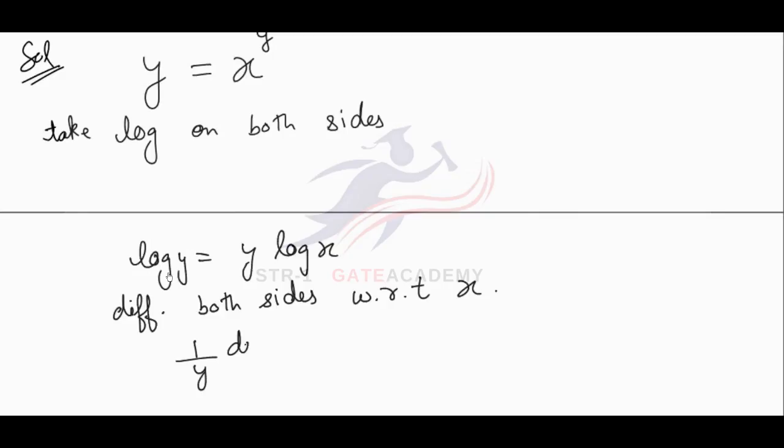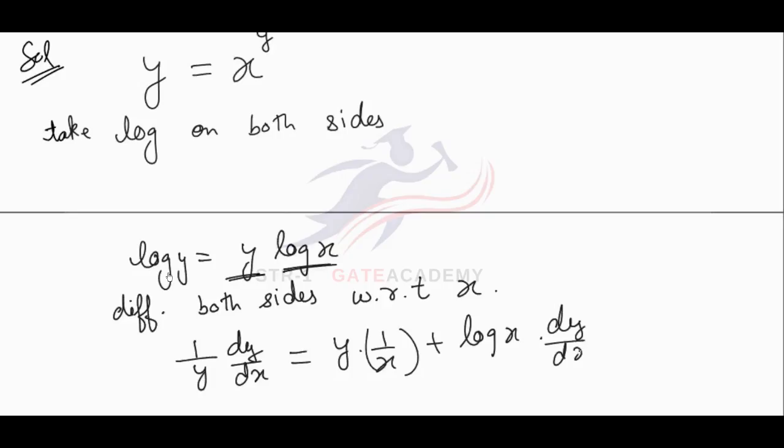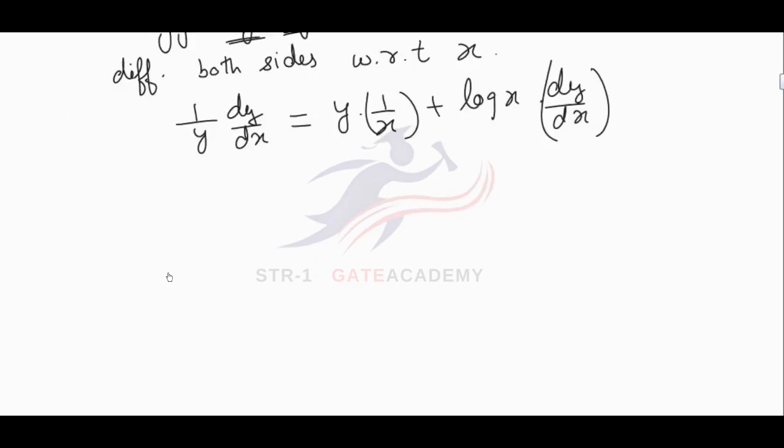So it will become 1 by y dy/dx is equal to, see, these are two functions. We know how to multiply two functions. Let us say y into dy/dx plus log x into dy/dx, right?